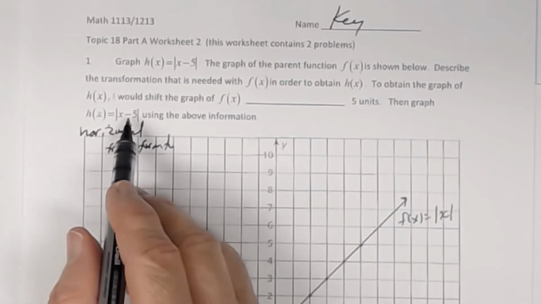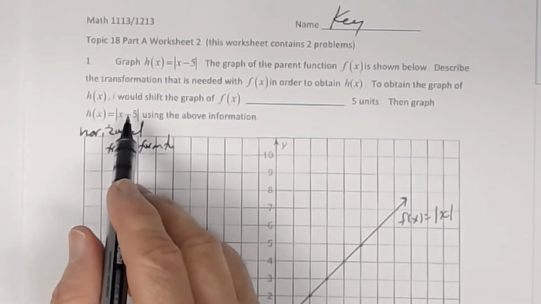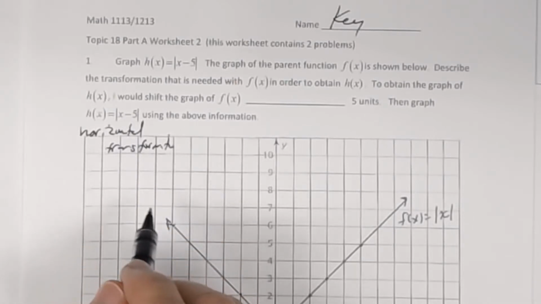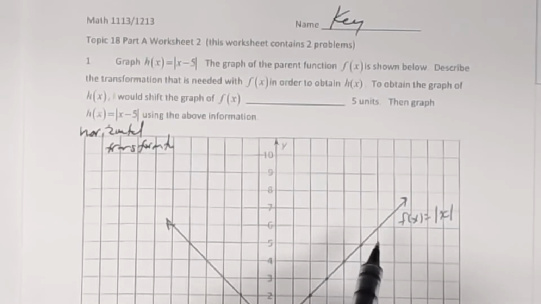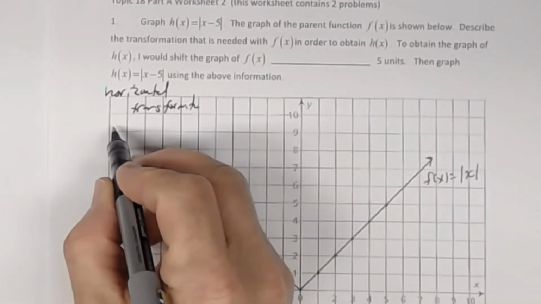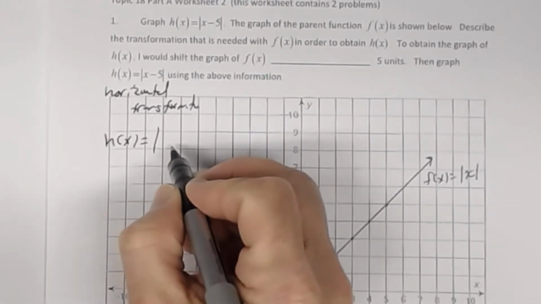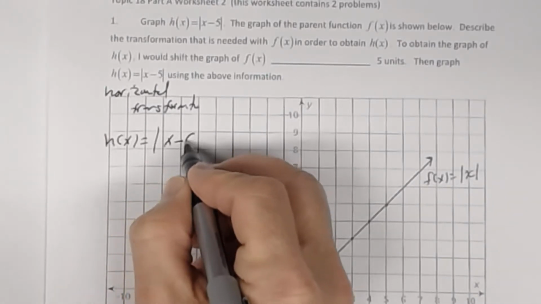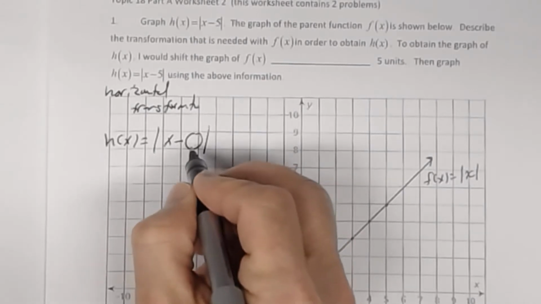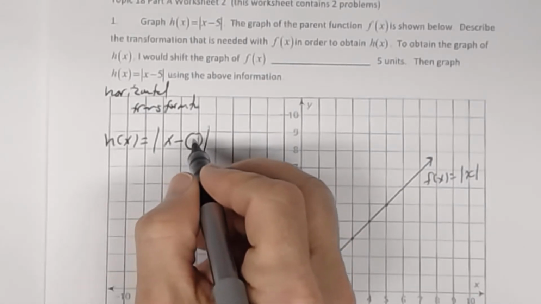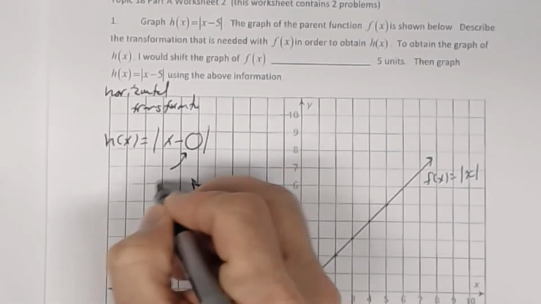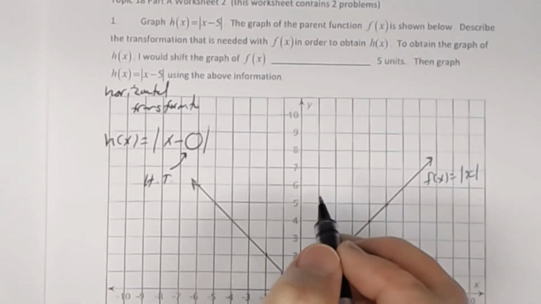So many students, when they see x minus 5, they think negative 5. They think negative 5, and they want to shift this horizontally to the left 5 because negative 5. That's not the case. You have to remember that for horizontal transformation, it has to look like this: x minus, and then this number here, that goes inside the circle, that is your horizontal transformation.